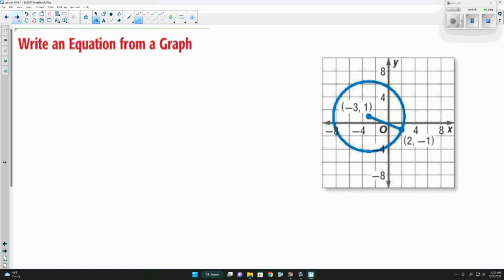So the first thing that we're going to be looking at is finding the equation of a circle. Now, we could start off with either form, but it's sometimes good to start off with (x minus h) squared plus (y minus k) squared is equal to r squared. Because we can start off with this standard form of the equation, figure out our information, the values of h, k, and r, plug them in, and we have the equation.